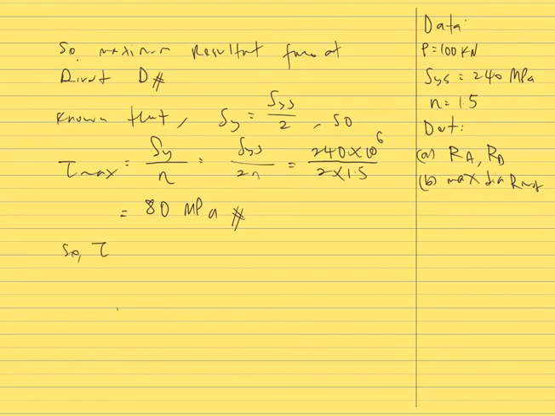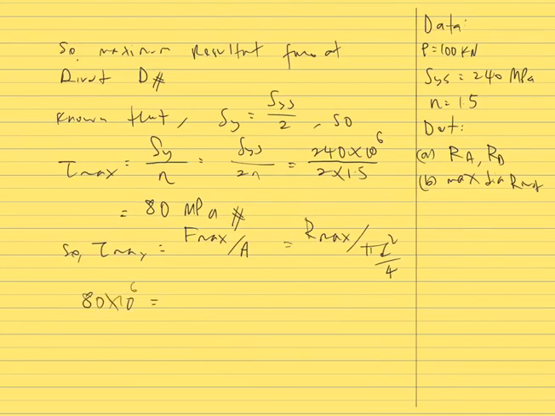So we know that maximum shear stress can be formulated as maximum force divided by area. So maximum force is the maximum resultant force divided by area of rivet, which is pi d square over 4.